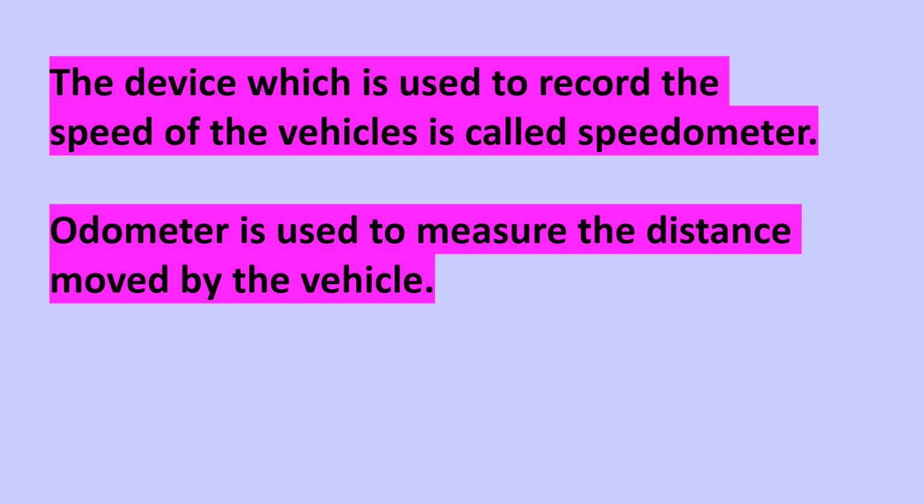The other one is used to measure the distance which is moved by the vehicle and it is called the odometer. Okay, so there are two devices, speedometer and odometer. Speedometer is used to record speed, odometer is used to measure the distance moved by the vehicle, and this you can easily see in your car or any other vehicle which you are having, like bike or scooter, you can see easily over there.